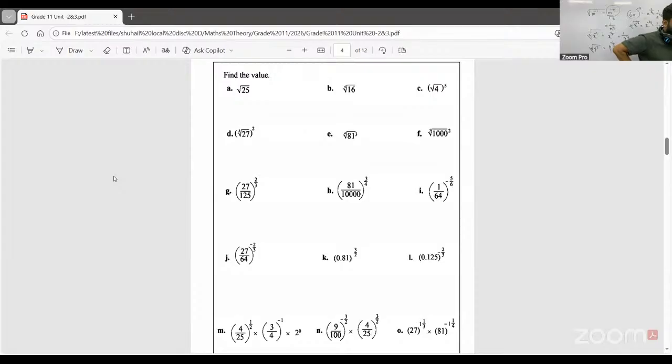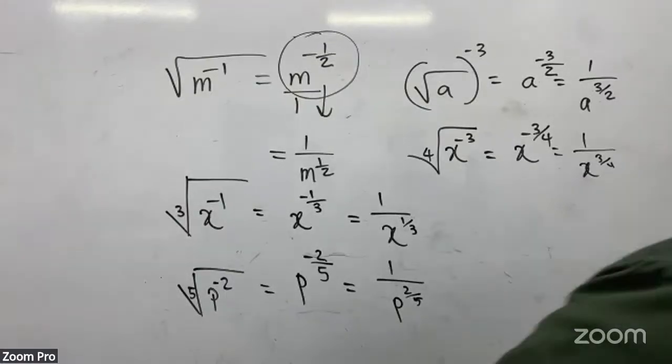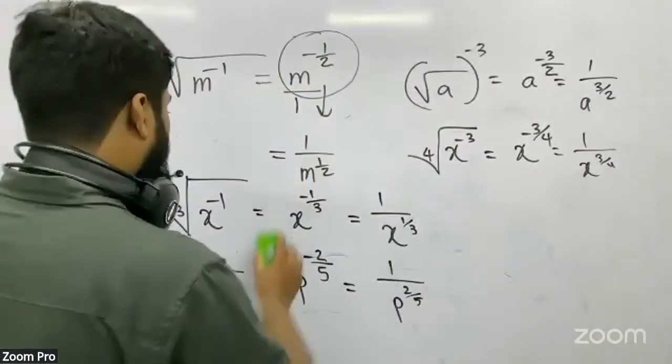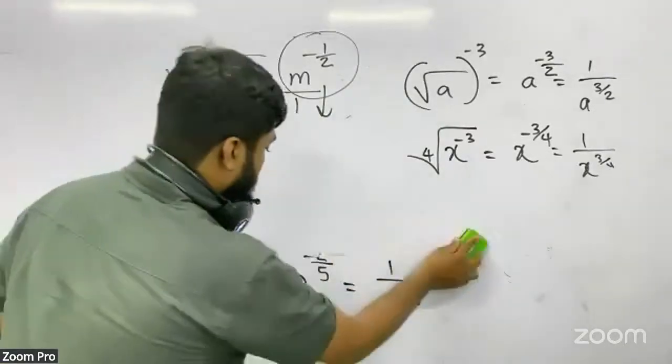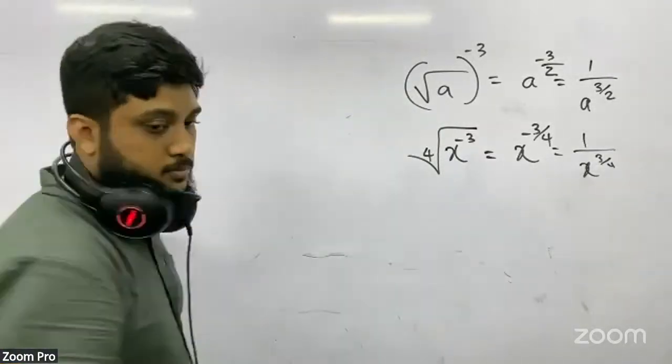Okay. Now under this, can you see square root 25? Right. Now I will show you. Listen, this is very easy.